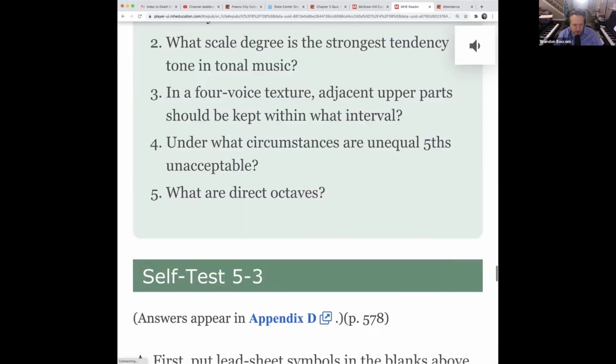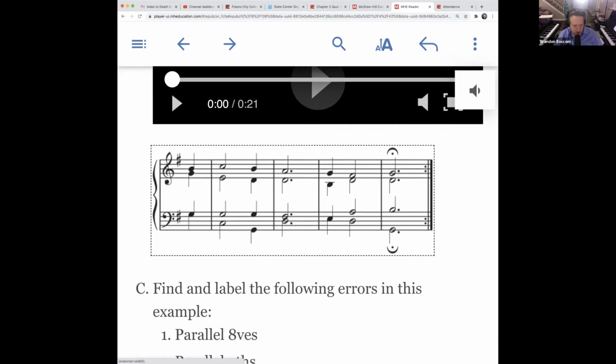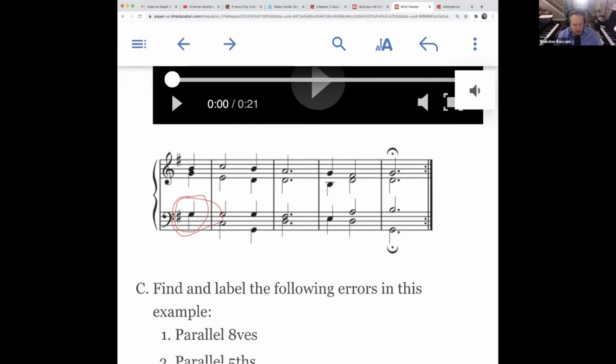So we're going to click here. We're going to look at this example by Bach. And they said the root of the first chord is doubled by the tenors, and it's doubled by the altos. Does everybody see that?